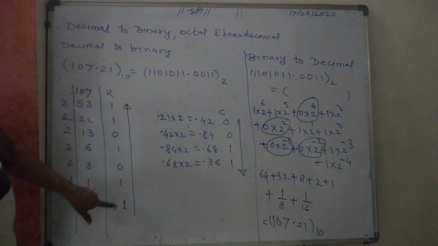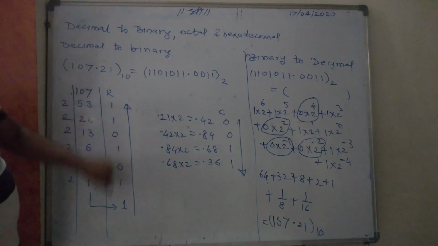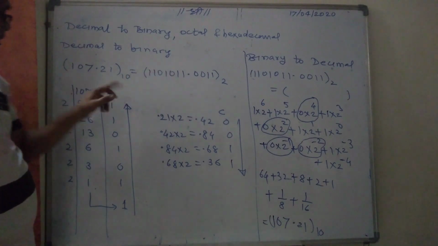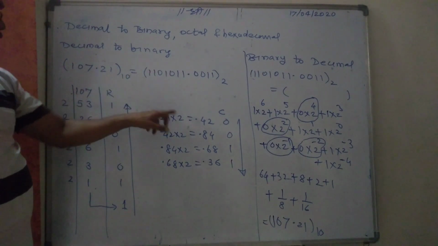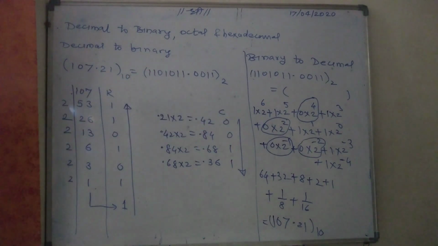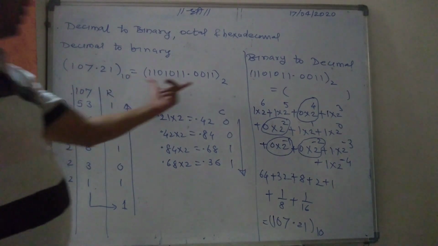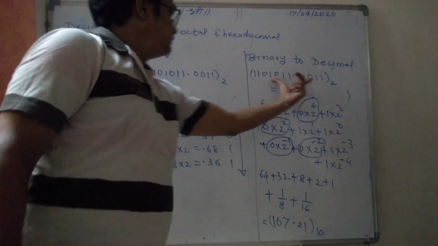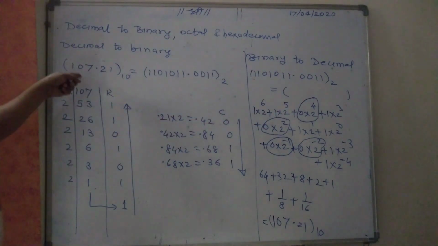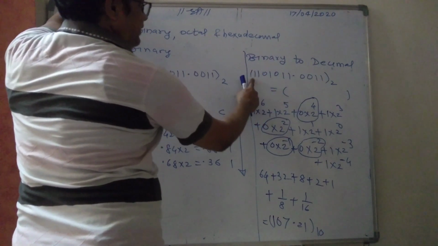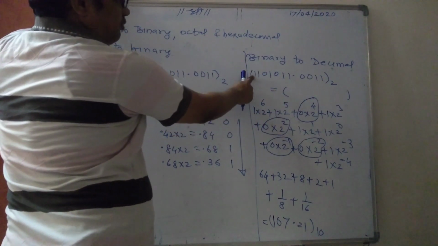Go on multiplying the fractional part by 2 and stop after 3-4 iterations. Now I have taken this binary number and converted it into a decimal number. So 1, 2, 3, 4, 5, 6, 7 digits, so the first will be multiplied by 2 raised to 7 minus 1, that is 6.